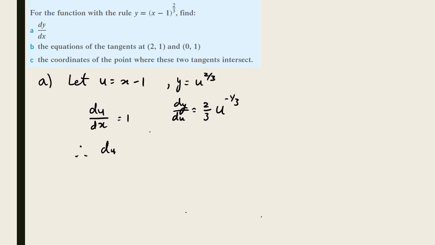So therefore, dy/dx is equal to 2/3 times u, which is x minus 1, to the power of negative 1/3.